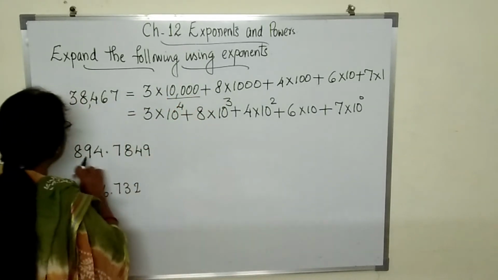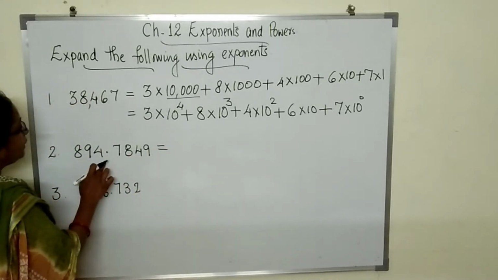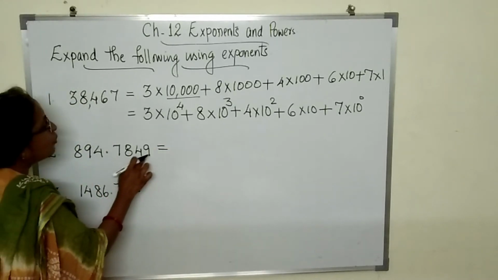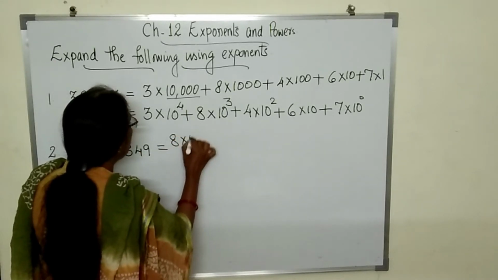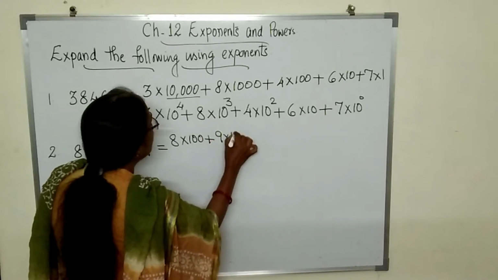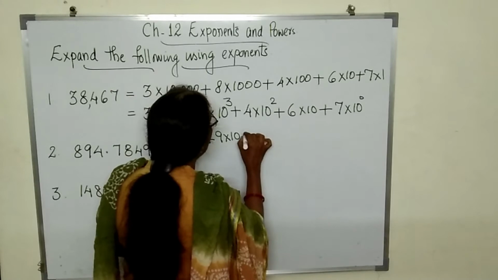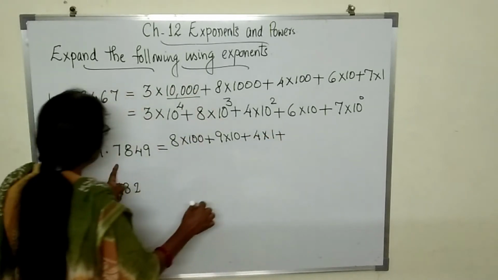Now when it is a decimal number, you see here 894.7849. How will you write this? 8 into 100 plus 9 into 10 plus 4 into 1 plus 7.